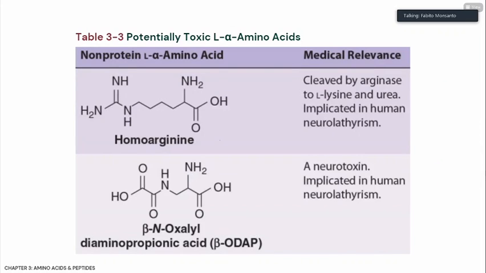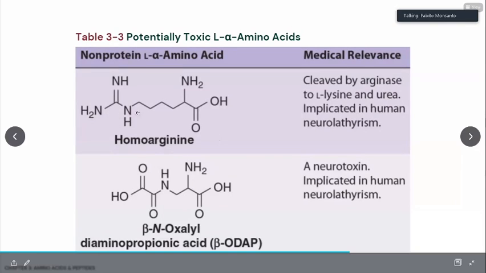Other toxic amino acids we have: homoarginine, which is the one that causes neurolathyrism. Then we have this oxalyl diaminopropionic acid, or beta-ODAP.